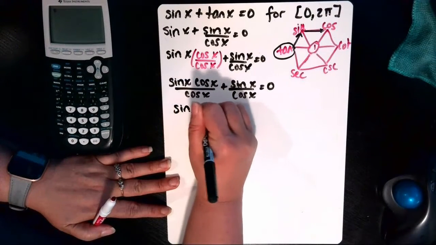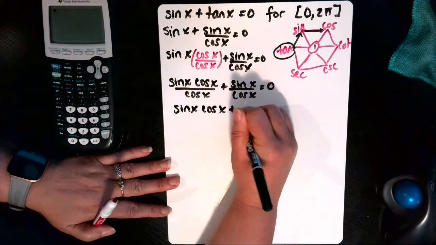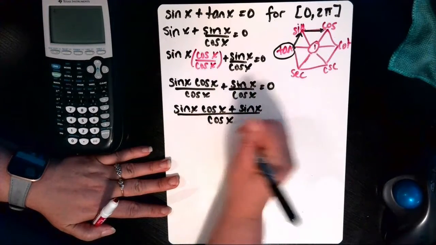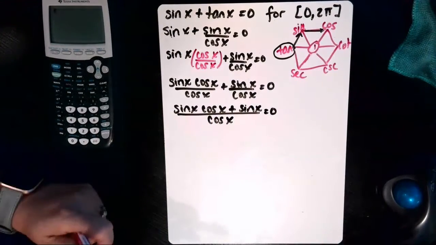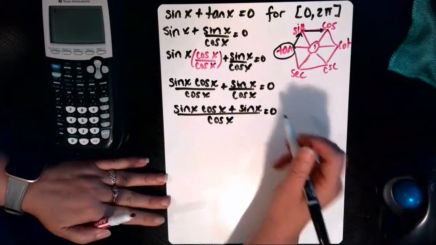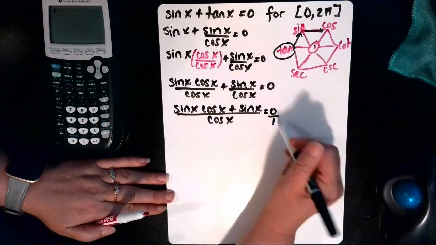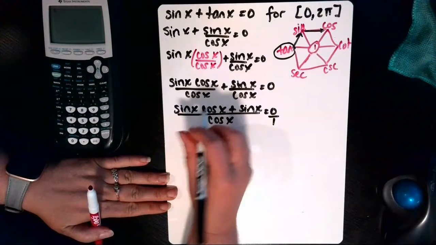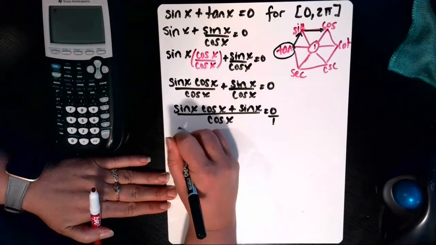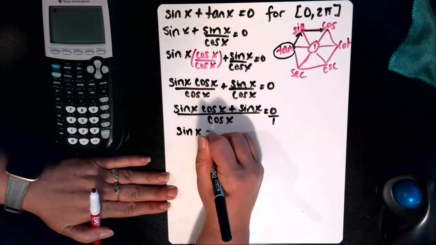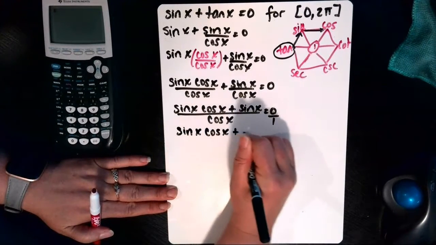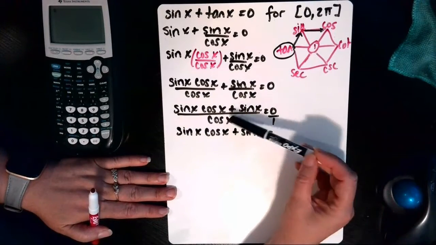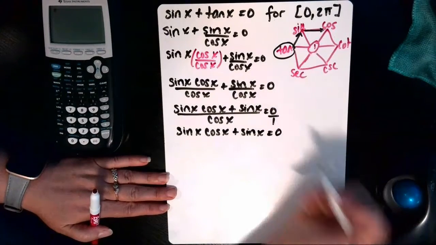So we'll have sine of x cosine of x plus sine of x, all divided by cosine of x is equal to 0. Okay, and then from here, we can cross multiply in order to solve this proportion, and so this numerator times 1 is just the numerator, so sine of x cosine of x plus sine of x is equal to, and then on the other side 0 times anything is 0.